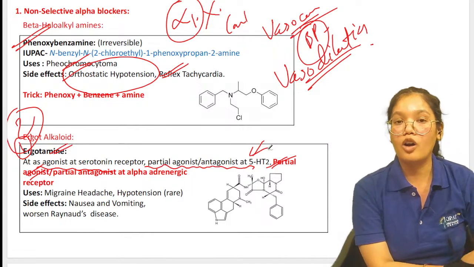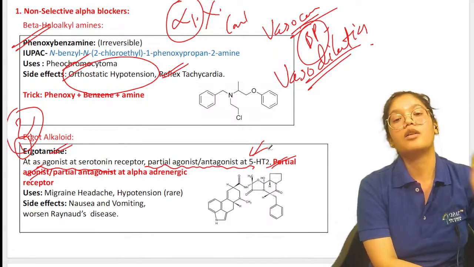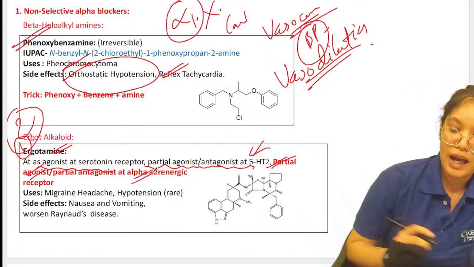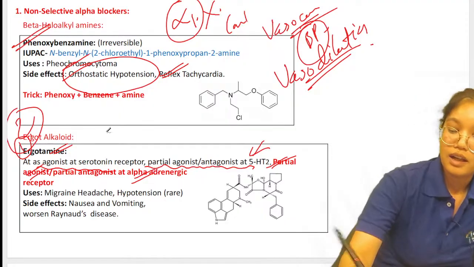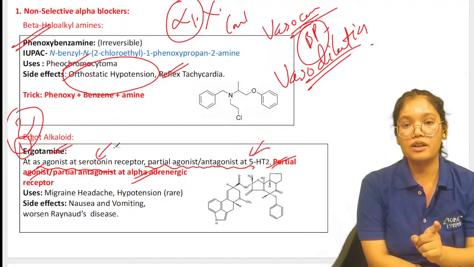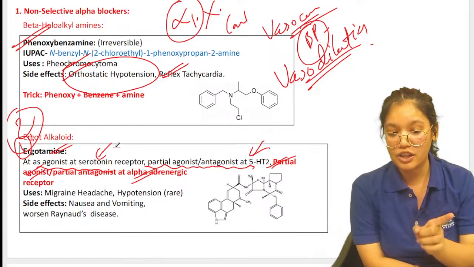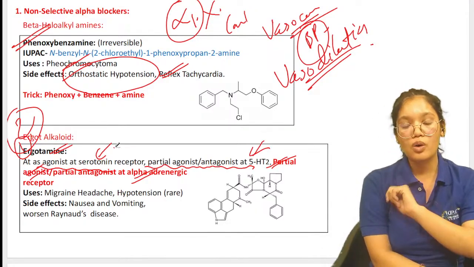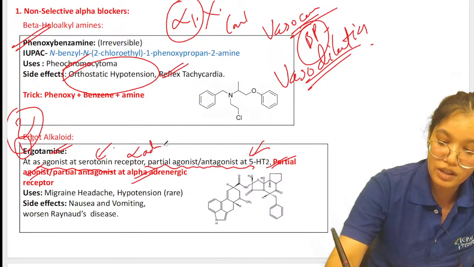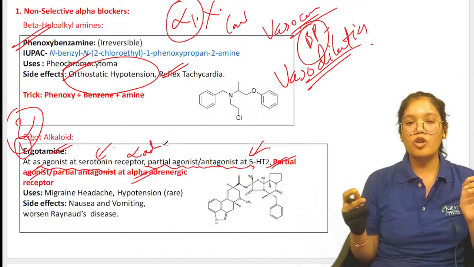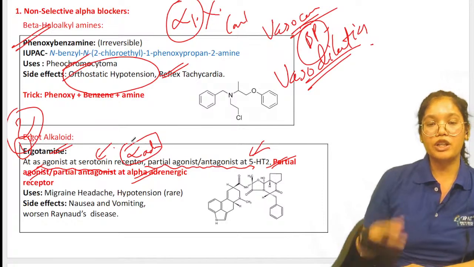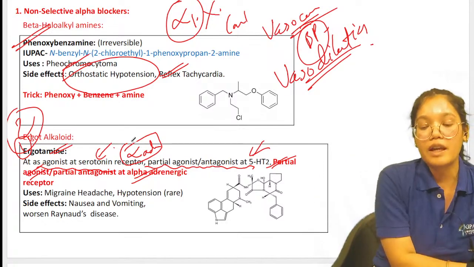As the serotonin receptor action is the most potent action that ergotamine shows, the alpha adrenergic blocking property is somewhat lost, so it is not the main or potent property for ergotamine.